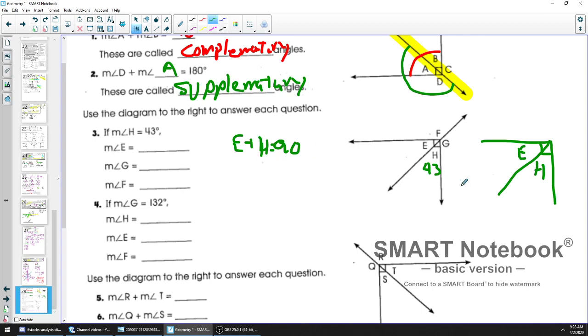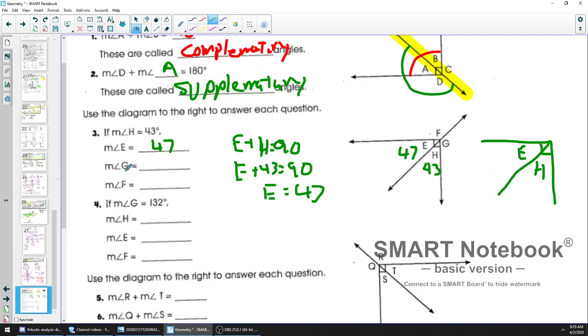I have no idea. What is H? 43. So I erase and replace H with 43. How do I get this to the other side? I'm going to subtract on both sides. And I figure out E equals 47. So I'm going to write 47 over here, just so I know these angles.